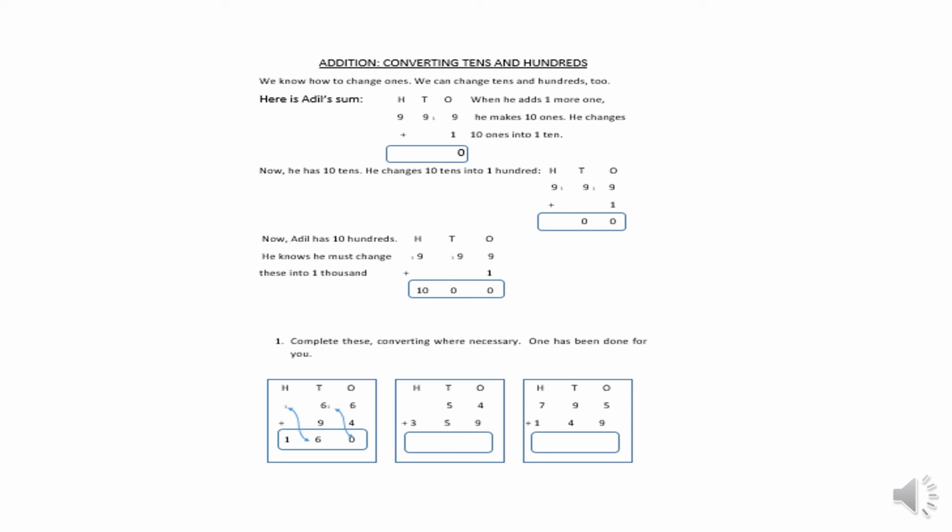Here is Adil's sum: 999 plus 1. When he adds one more one, he makes 10 ones. He changes 10 ones into 1 ten. You see, 9 plus 1 is 10.